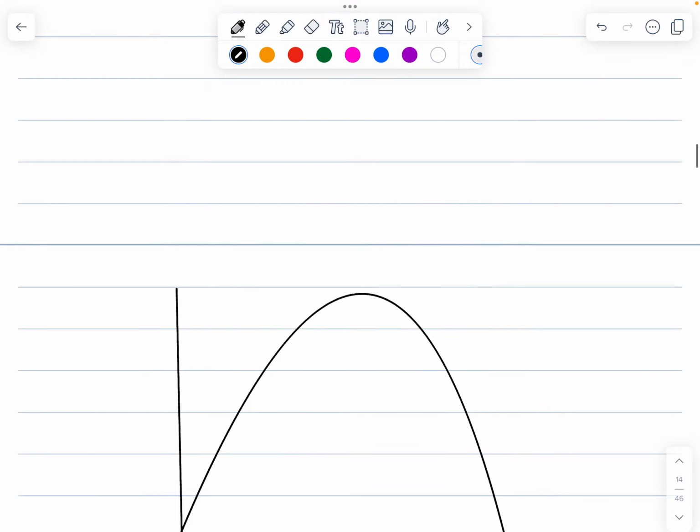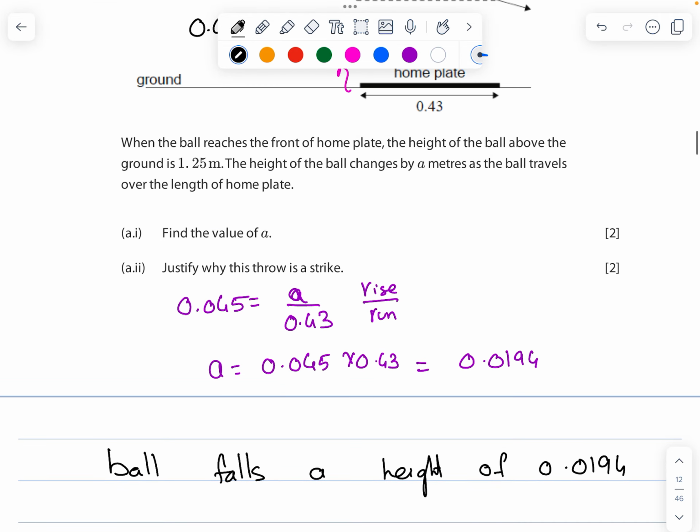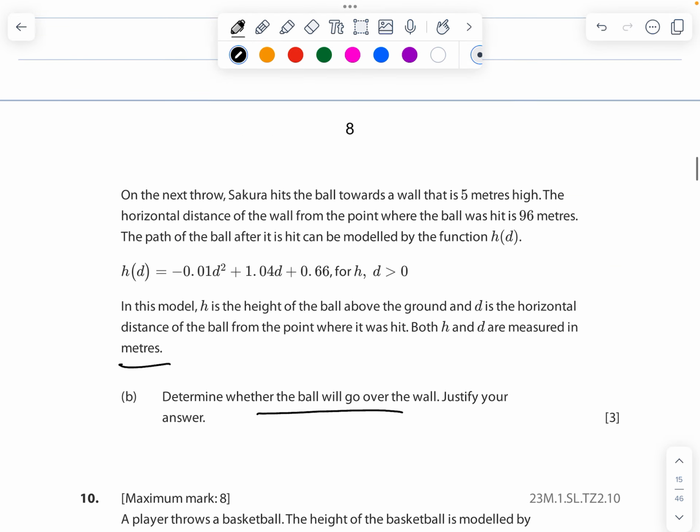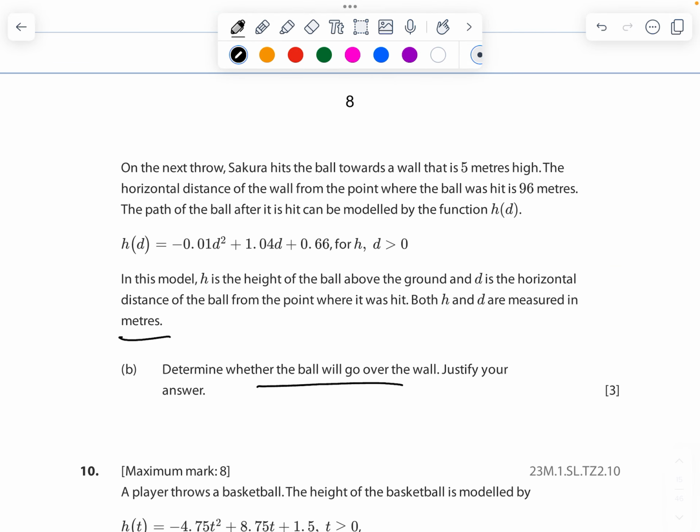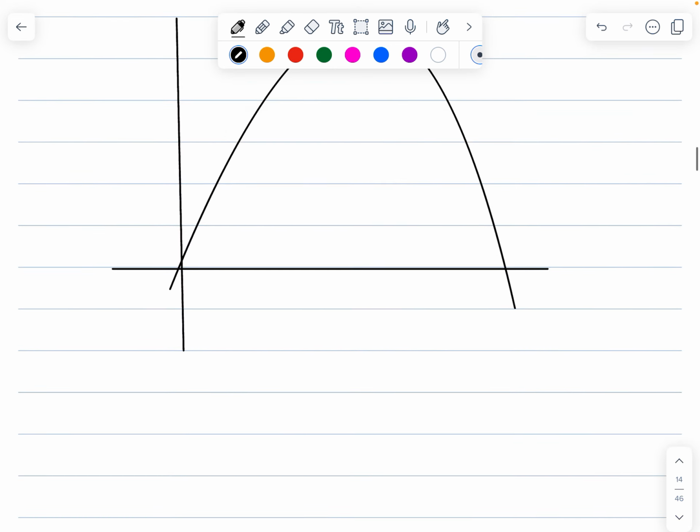Now, what is it telling us? The wall is at a distance of 96 meters and it is a height of 5. So for example, if this is a wall, this distance is going to be 96 meters. And the height of the wall is going to be nothing but 5 meters.